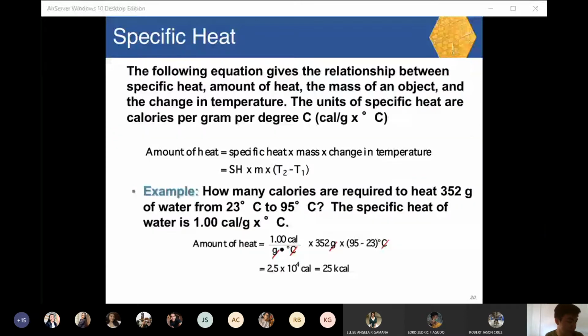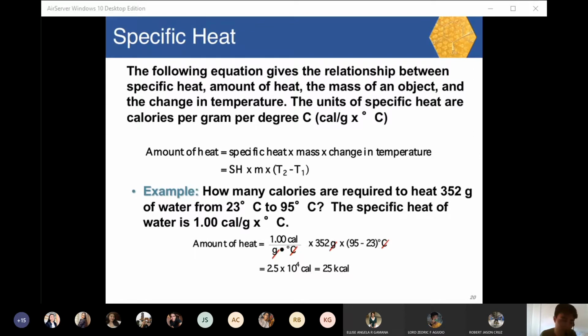Okay. So if we want to solve for the energy that is required to increase or decrease the temperature of a substance by a certain temperature range, we will have to use this formula.